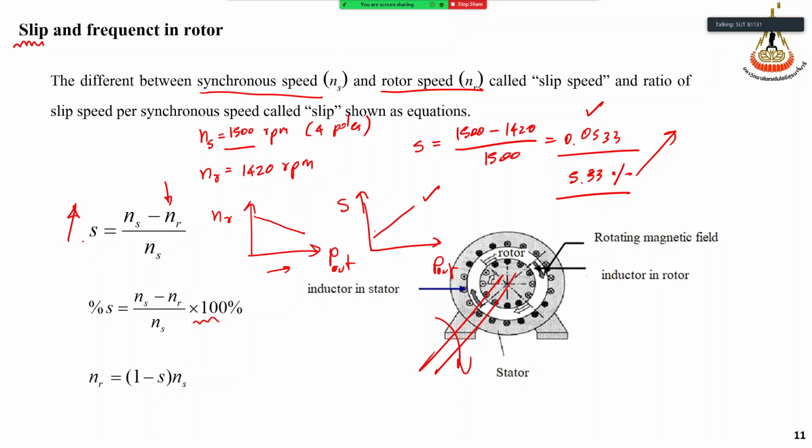Or we can rearrange this equation into this one: NR equals (1 minus S) times NS. So if we know slip, we can know NR, or if we know NR, we know slip, right? If we know slip, we can compute the rotating speed of the motor also. And slip will represent the power output of the motor.